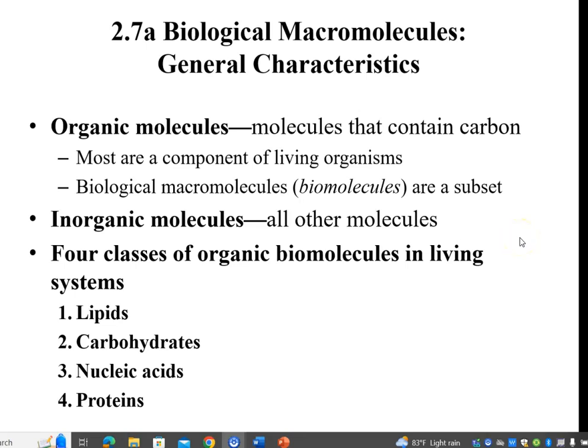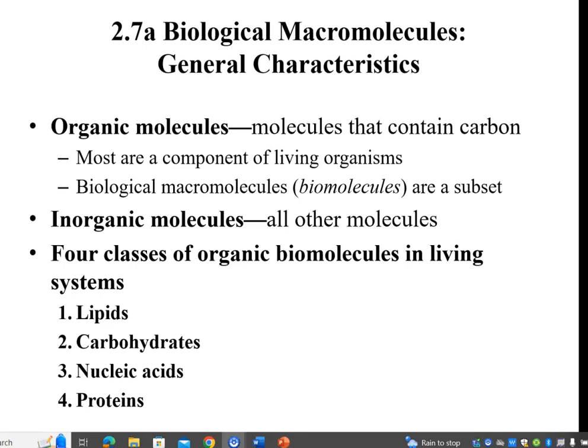All right, next we're going to start talking about biological macromolecules. And let's just go over some of the general characteristics. First, we need to know what organic and inorganic molecules are. So an organic molecule is a molecule that contains carbon, more specifically, a molecule that contains carbon bonded to hydrogen.